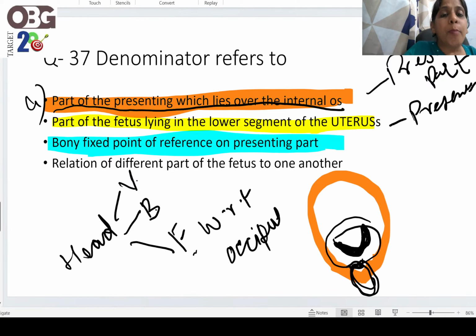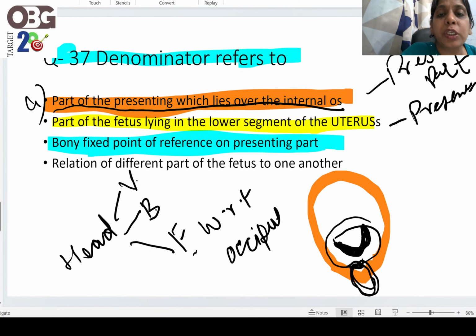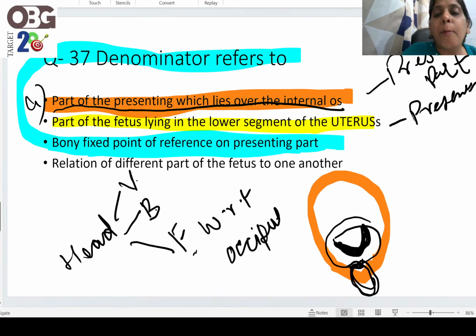Denominator is bony fixed point on the presenting part. presenting part पे हमने एक bony fixed point कर दिया है जिसके हिसाब से हम सारी बातें करेंगे. ठीक है, जिसके हिसाब से इसको बोलते हैं डिनोमिनेटर. So the answer to the question, denominator refers to, is bony fixed point of the presenting part.